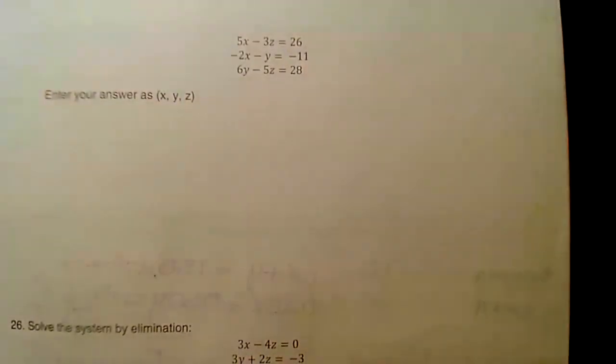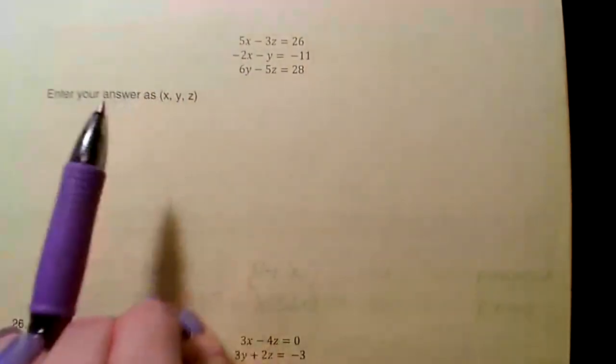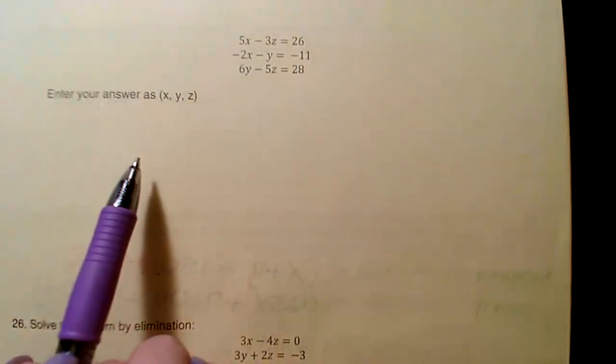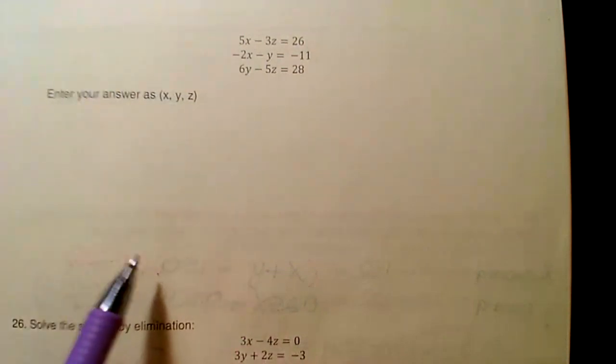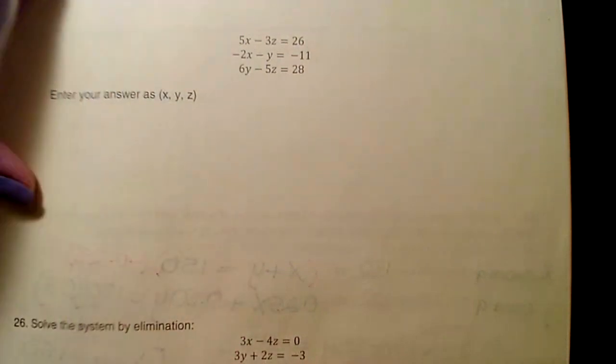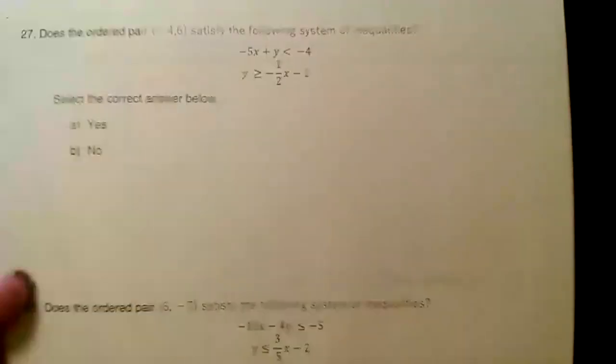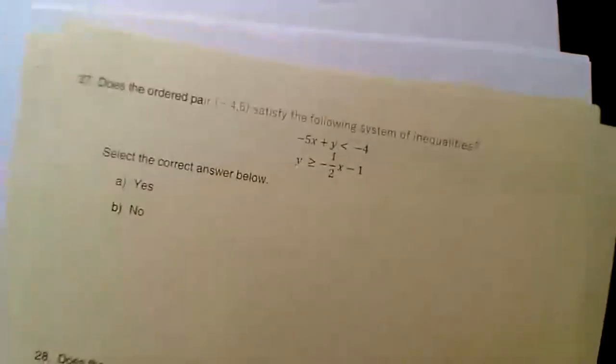So let's do it. This is going to have to be done in a different way, and I'm not going to be able to fit everything in here, so let me write it down.